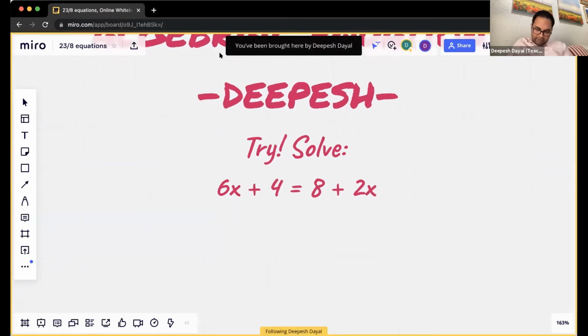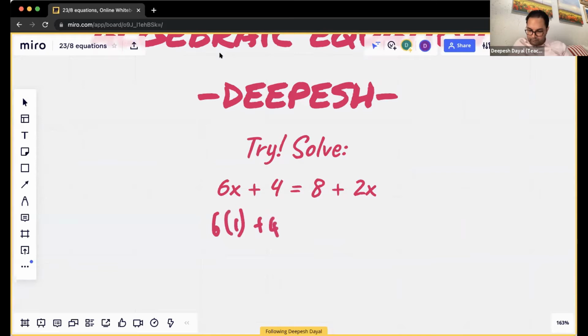So if I'm going to plug 1 in there, some of you had suggested the answer is 1. So I'm going to say 6 times 1 plus 4 equals 8 plus 2 times 1, right?